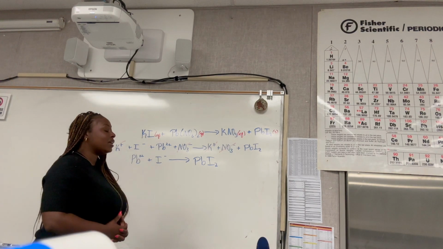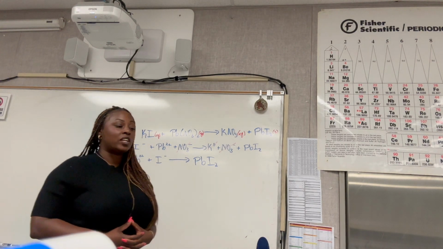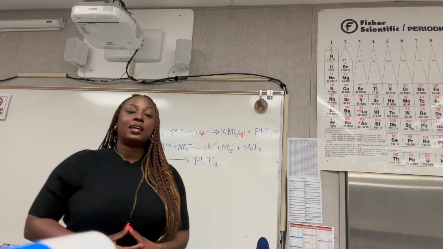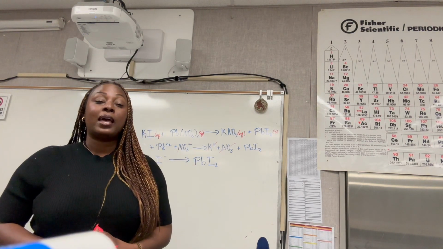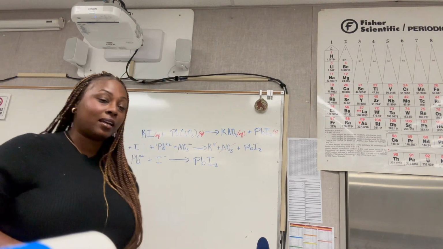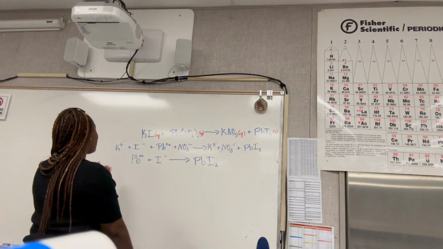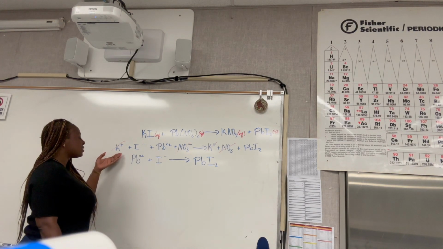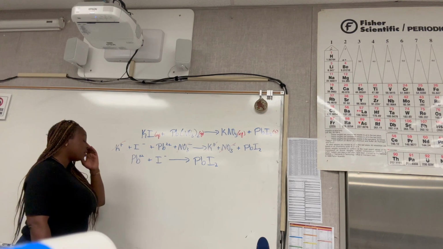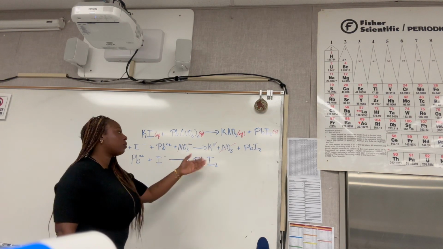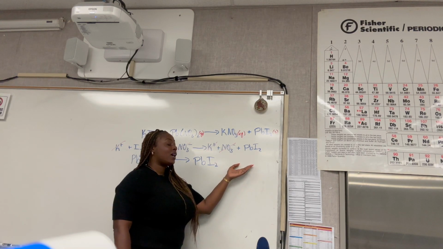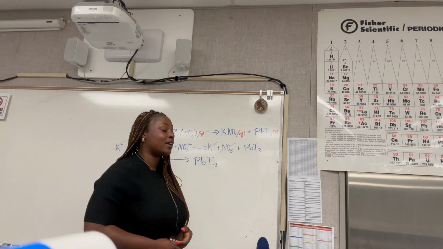So then in getting to the net ionic equation, I'm going to write down everything in its ionic form, except for those that are in solid form, which was our lead iodide. So for here, I have my potassium, iodine, lead, and nitrate. That's where we're starting, right? All of these in aqueous solution. However, in products, we end up with just potassium, nitrate, and the solid lead iodide.